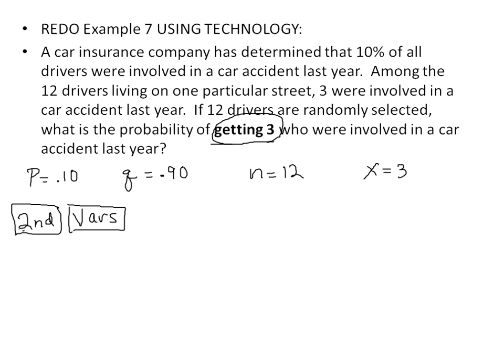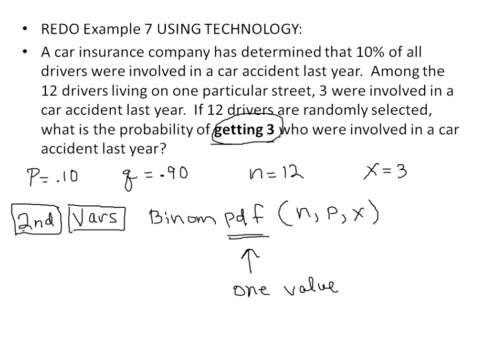For when you have one value of x, you're going to use the binomial PDF. And the way you enter it is you have to enter the n, comma, p, comma, x in that order. So the PDF is when you have one value for x. All right, so keeping that in mind, I'm going to go ahead and move you to the calculator.